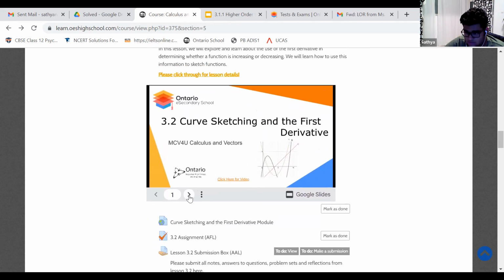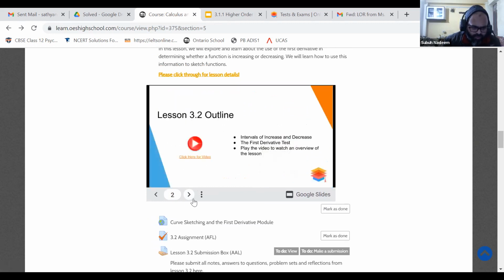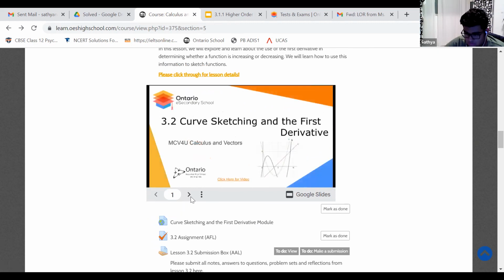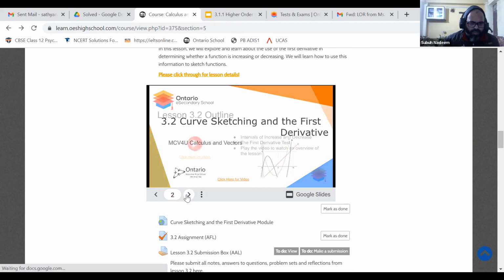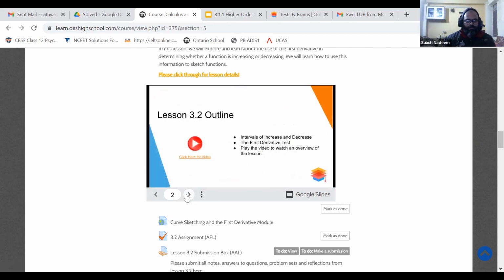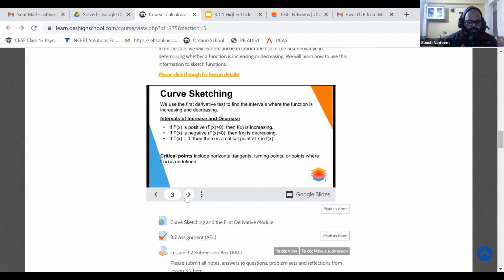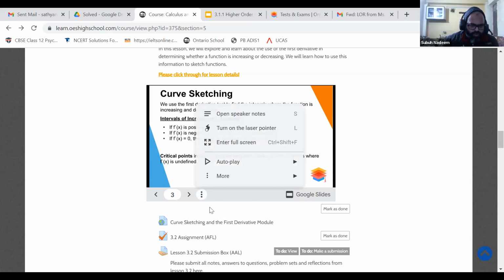I think this is the next topic, curve sketching and the first derivative. Okay, this is not what we have done just now. Critical points, intervals of increasing, decreasing.